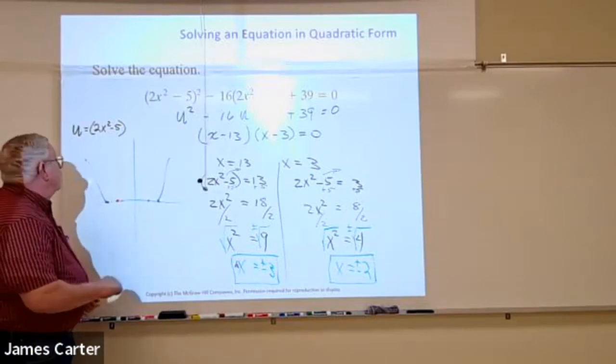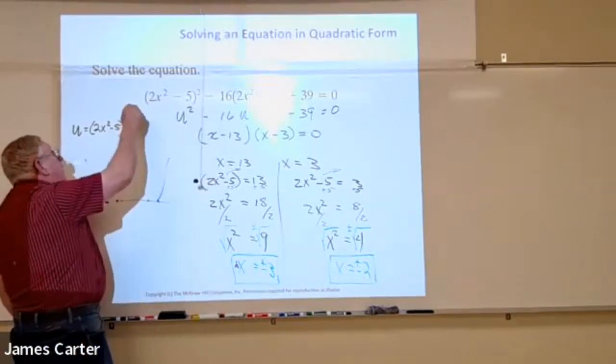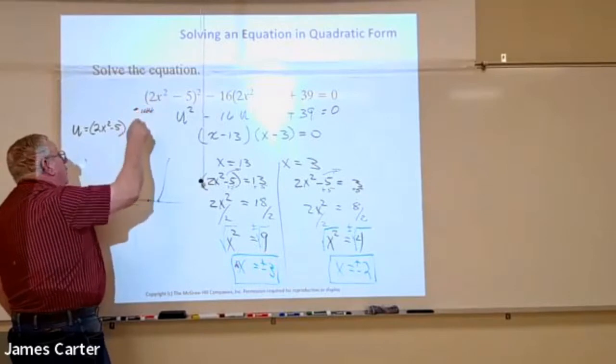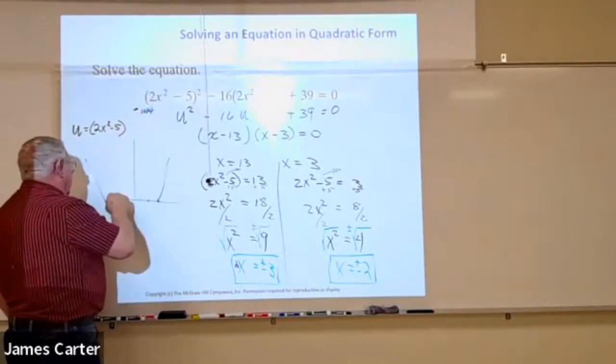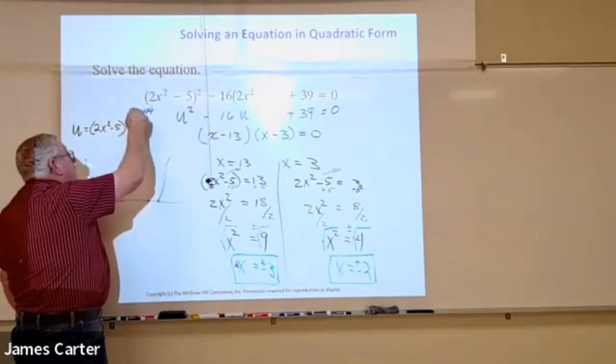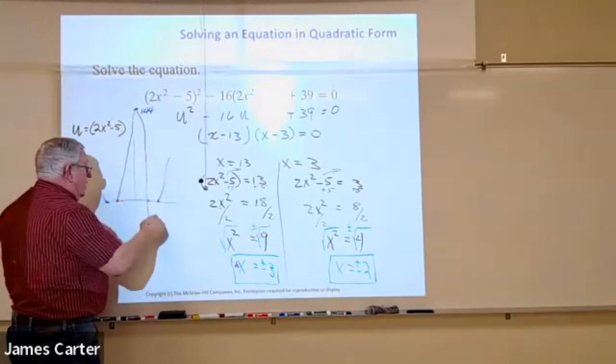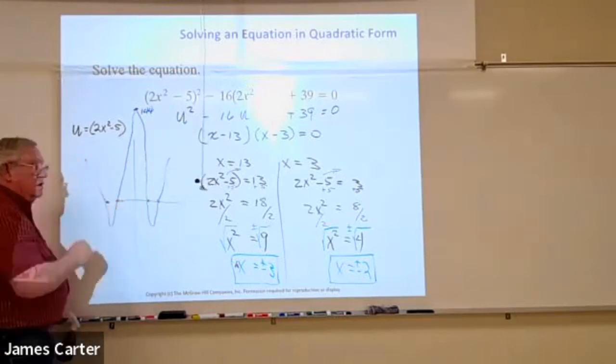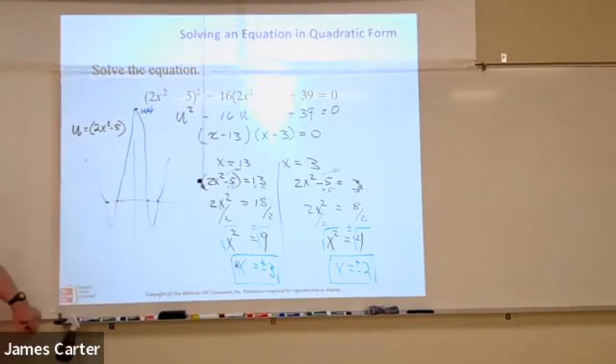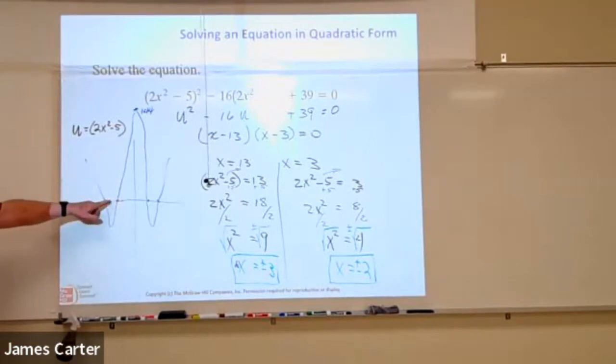So anyway, it's 144. So somewhere up here, 144 is the y-intercept. So that means this thing's going to come up and down like that, and like this, and like this. How low? Well, we just have to try between 2.5 and 3 to see how low.